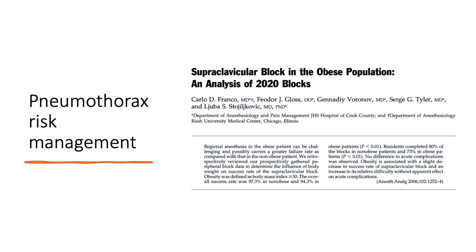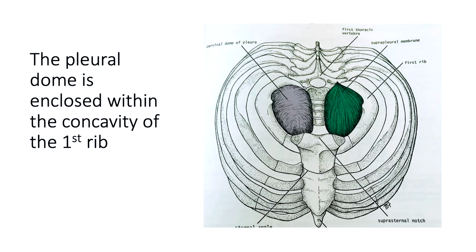So there is no large study. So the first study that I published with supraclavicular was 1,001 blocks. And then, eventually this 2020 in the obese population with good success. So now, how do you deal with the problem of pneumothorax?